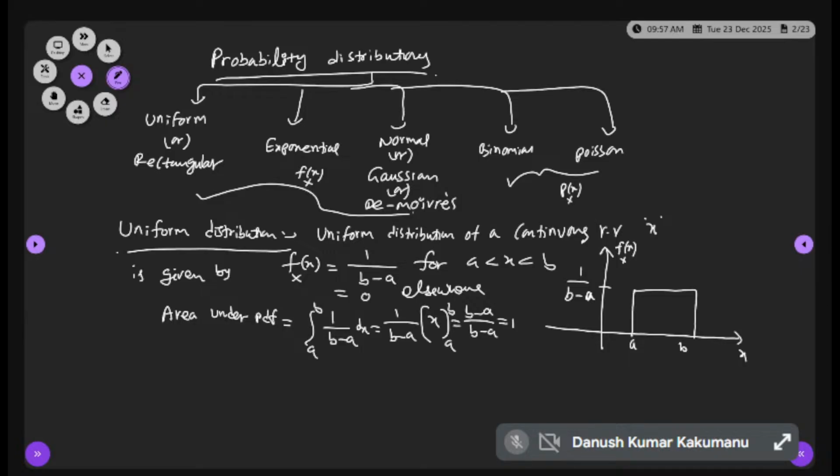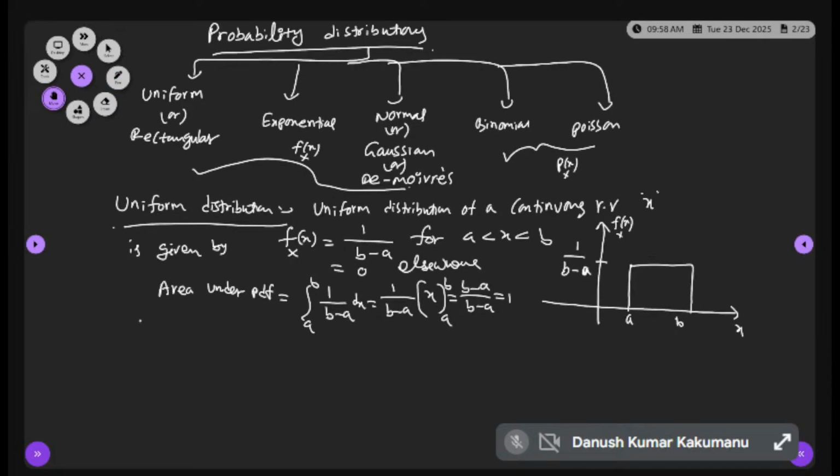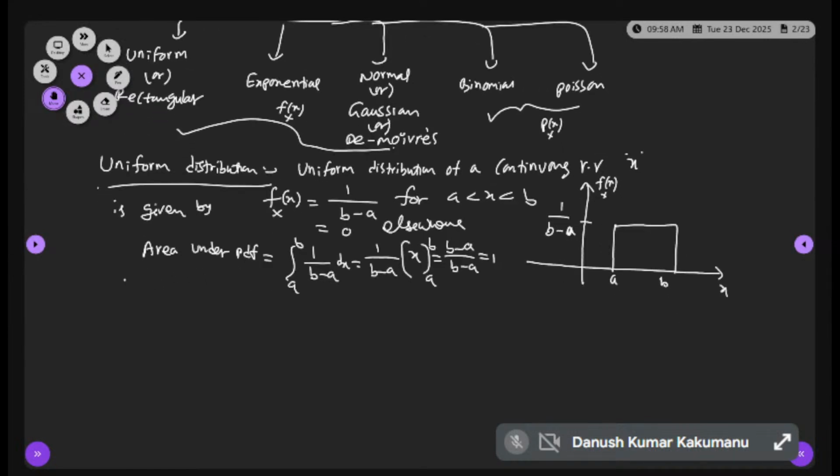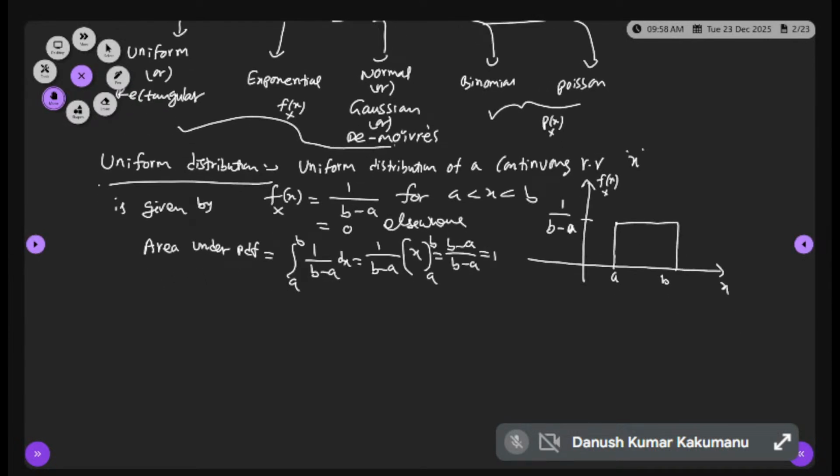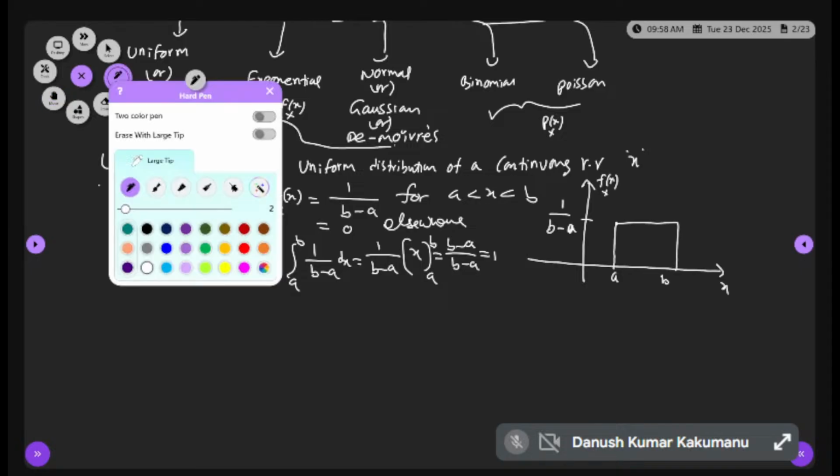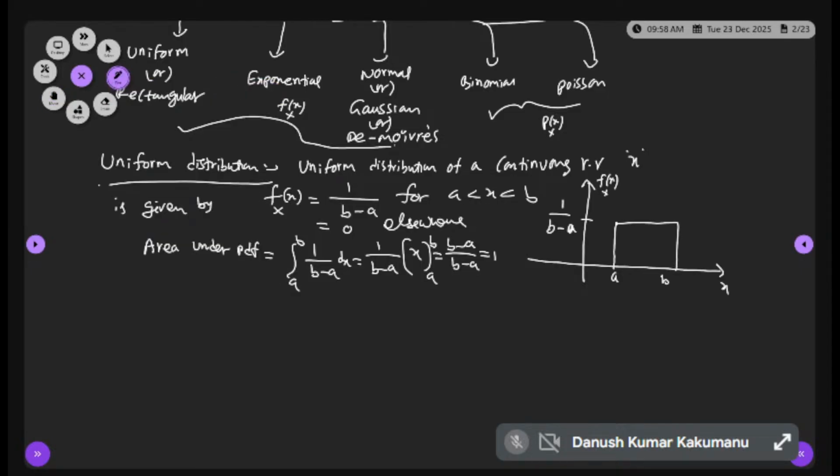Next, we have some standard formulas here. What is the mean of this uniform distribution?